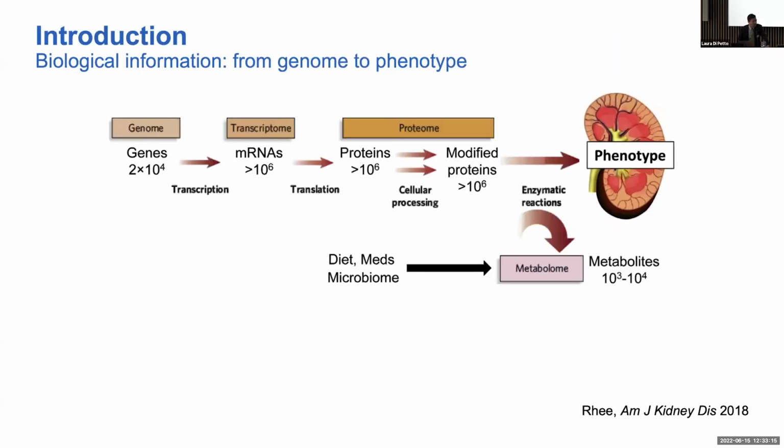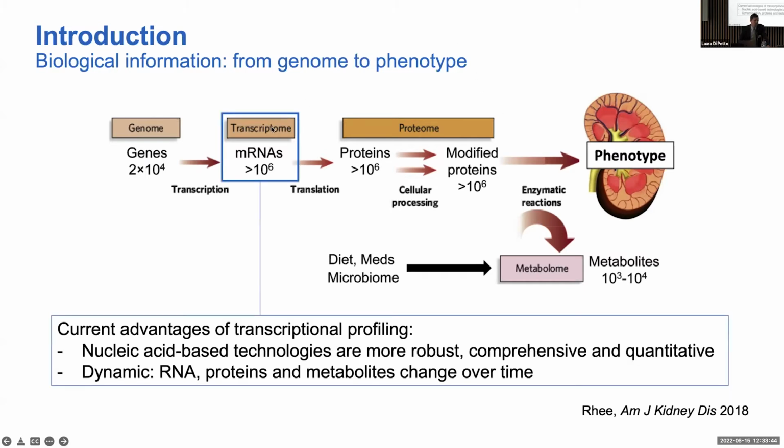And I would like to start with the very basics. This is the central dogma of molecular biology. And we know very well that in basically any biological process, the biological information needs to be transferred from the genome to RNA and then to proteins, which then will lead to the function and determine the phenotype in different biological systems. So today we will focus on the transcriptome, basically on RNA, and there are some good reasons to do that.